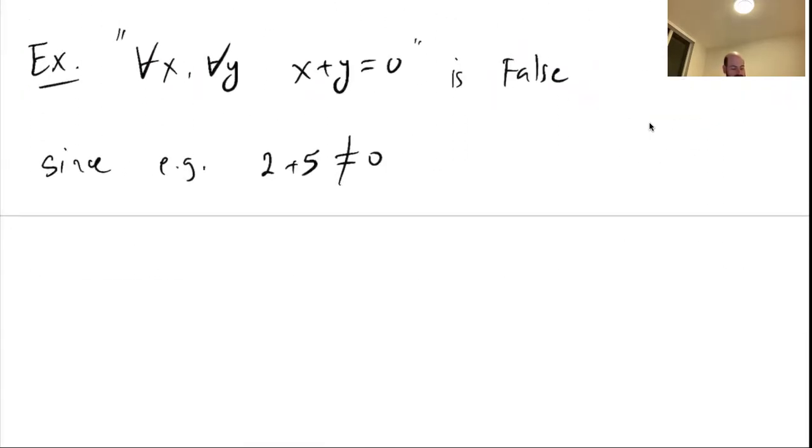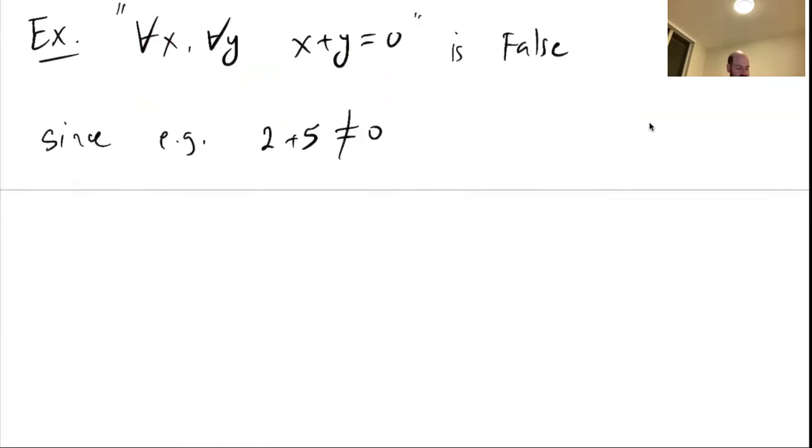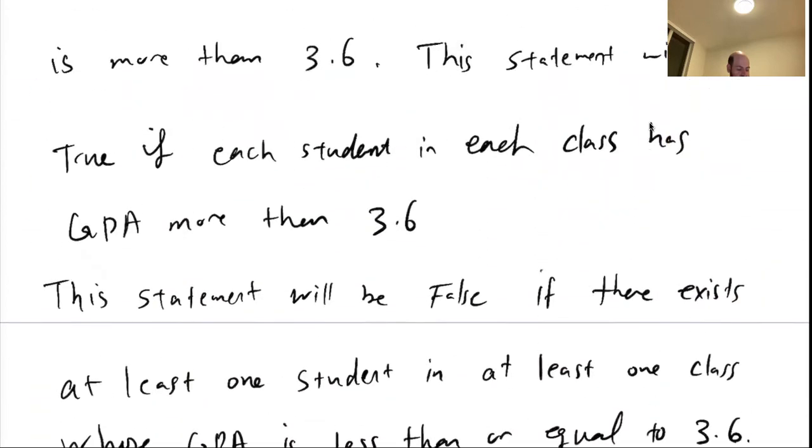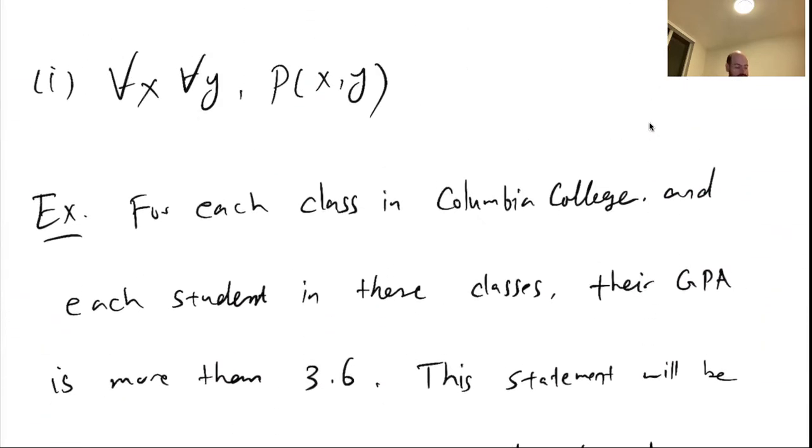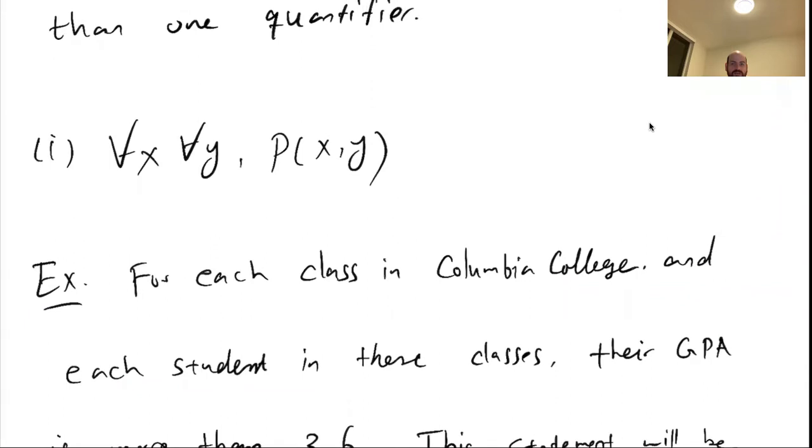Right now I just found one pair, namely 2 and 5, for which 2 plus 5 is not equal to 0. And that's enough to show that this statement is false. Okay, so this was the first type of nested quantifier. Remember, our goal is to study nested quantifiers where we have a statement with more than one quantifier. So that's the first one we want to look at.